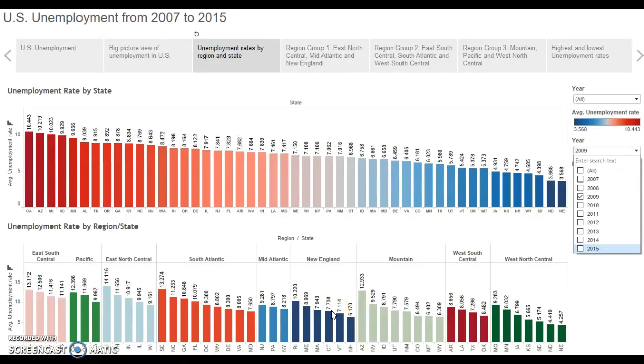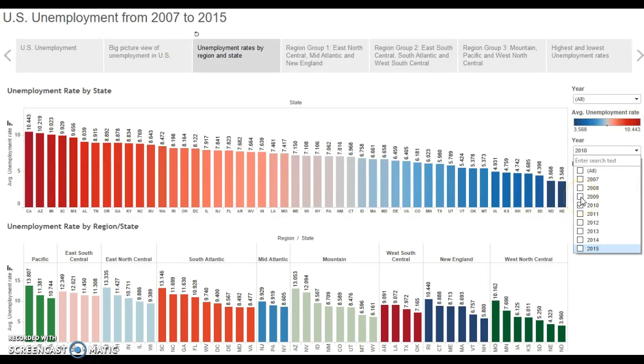So you're seeing higher unemployment rates at those times. You kind of expect to see similar results here, 10.4, 8.9 unemployment rates.